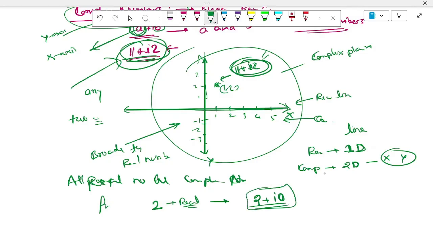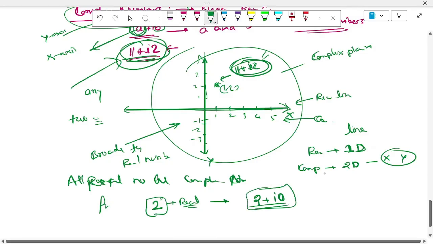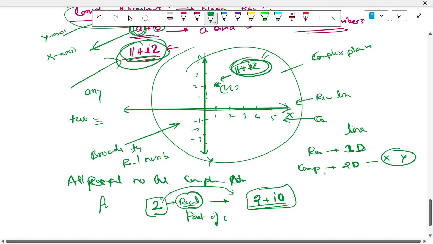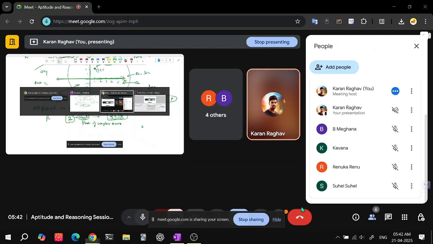So this is a complex number and this is a real number. You can write real numbers as complex numbers. That's why we can say that real numbers are part of complex numbers. I hope this complex number concept is clear.